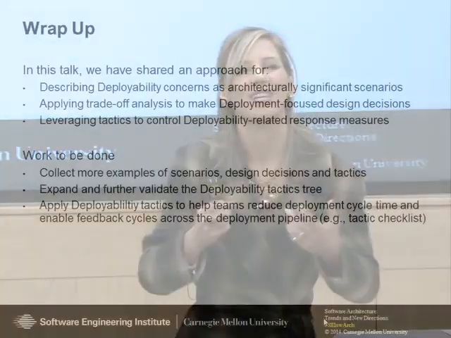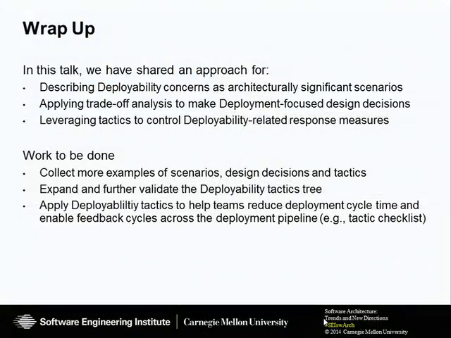Some of the work to be done is to collect more examples of scenarios, design decisions, and tactics, expand and further validate the deployability tactics tree, and apply deployment tactics to help teams reduce deployment cycle time and enable feedback cycles across the deployment pipeline.